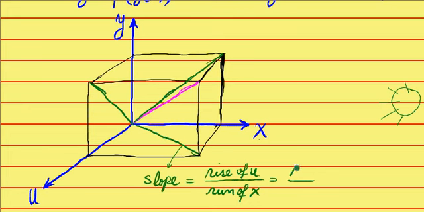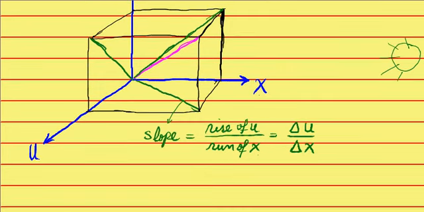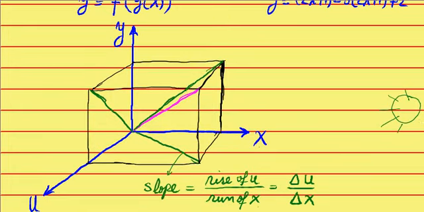Change of U, we show it by delta U. Change in X, we show it by delta X. So we defined it this way. We had the option of defining it upside down as well, but here is how I took it so that everything matches later on.